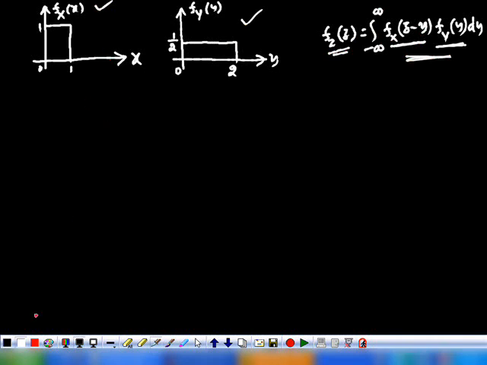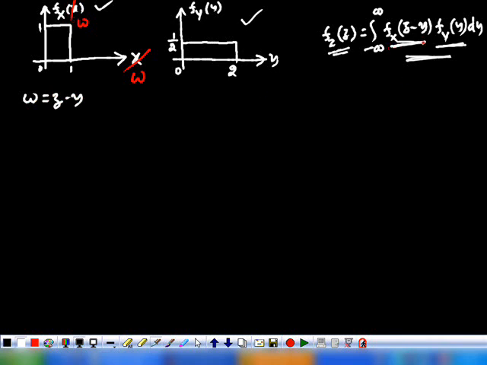In order to plot fX of z minus y, first you replace this x with some dummy variable w. Now if you substitute w equal to z minus y here, then what do you get? fX of z minus y.